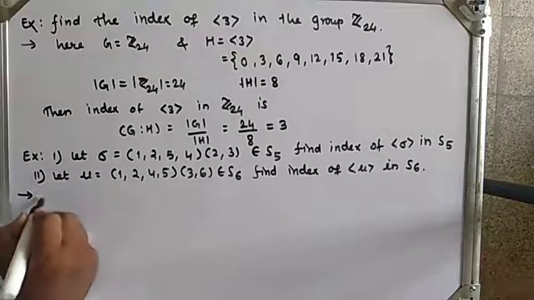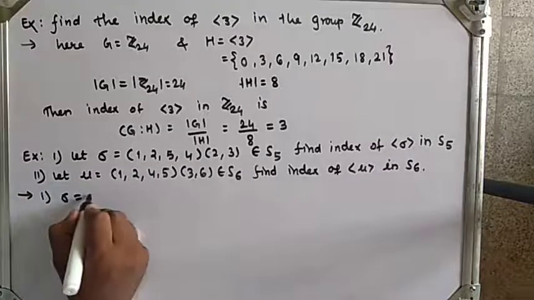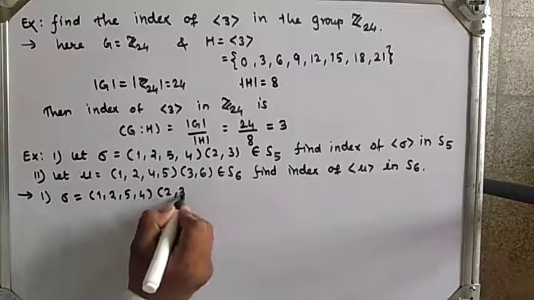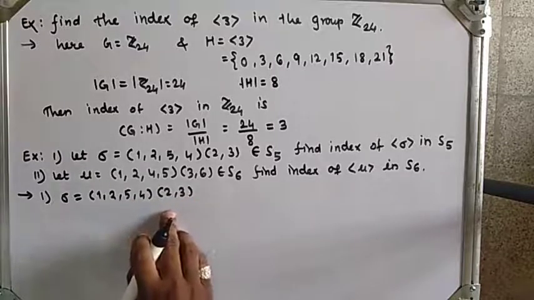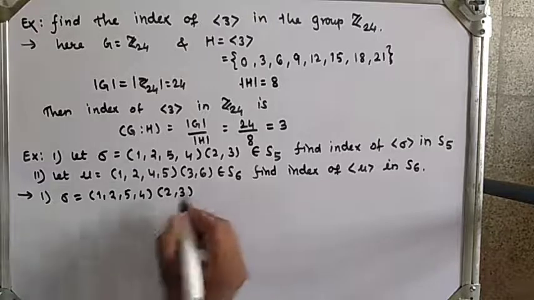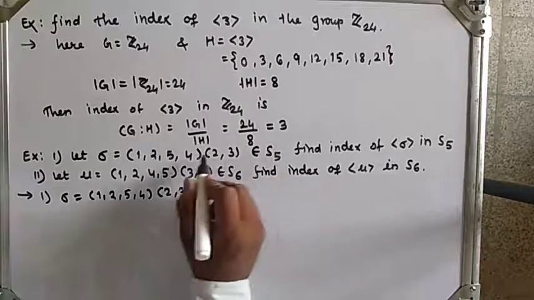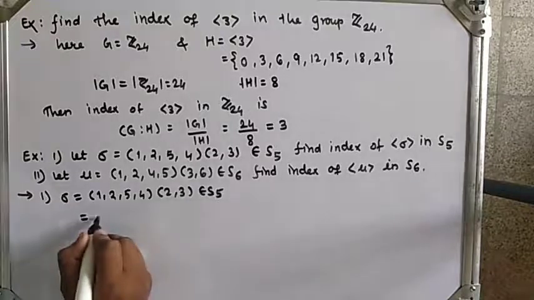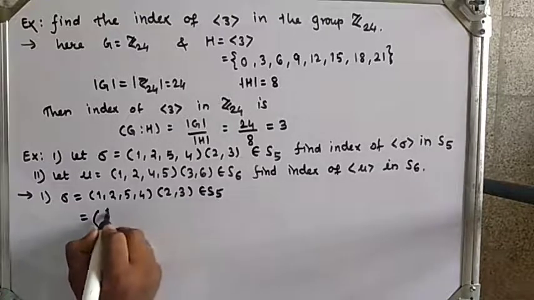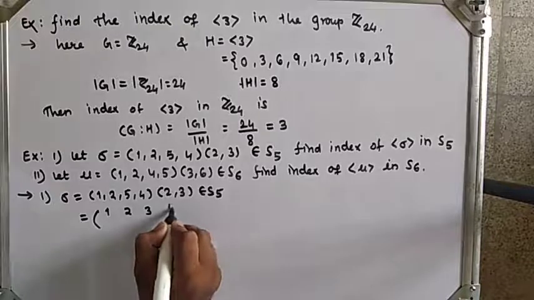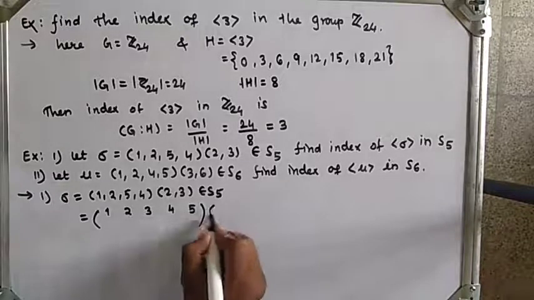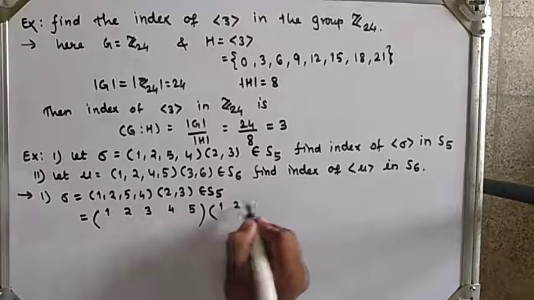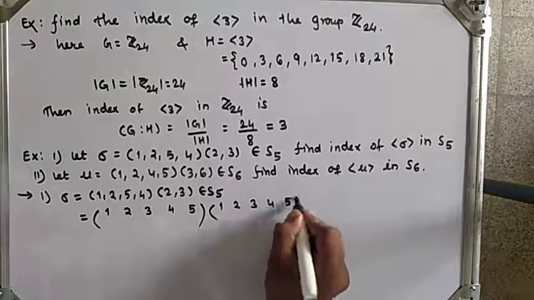So let's see first. Sigma is equal to (1 2 5 4)(2 3). First write this down as a permutation. This is from S5, so there are 5 symbols, 1, 2, 3, 4, 5, and again for the second cycle we have 5 symbols, 1, 2, 3, 4, 5.